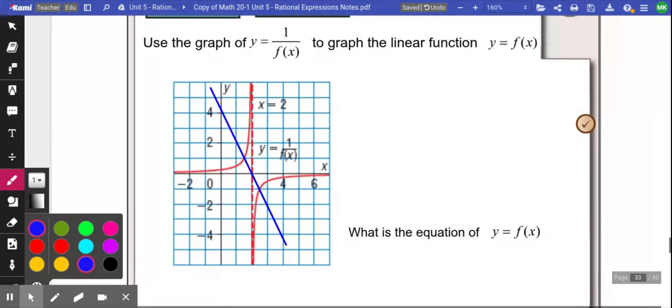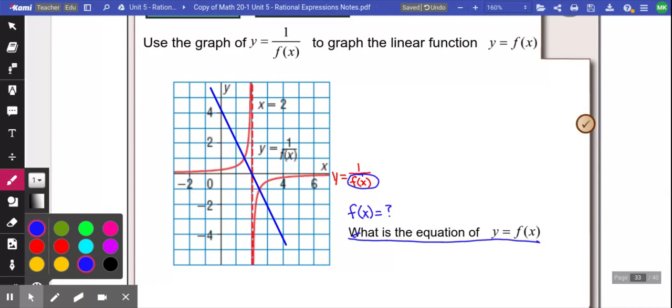To be able to figure out what f of x was, we're going to try to draw it. Okay, and the way we're going to draw it is by doing the reciprocal backwards. Okay, so the first thing that we're going to do is we're going to look at the asymptote. Because that asymptote is going to tell us what the NPV would have been.